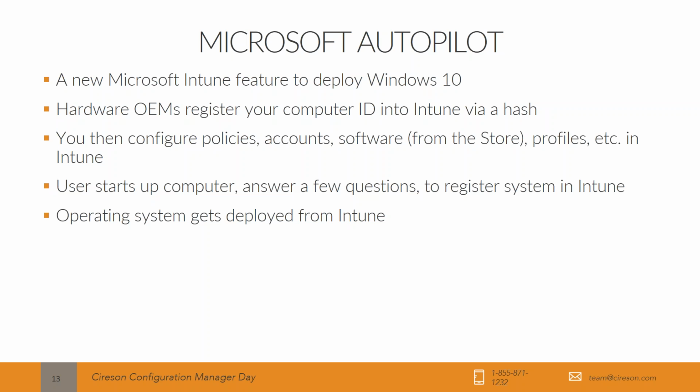Then when the user gets their hardware that's been hashed up into Intune from the vendor, they turn on the computer, answer a couple questions, region, account name, and so on, to register their system in Intune, and then it receives those policies. It matches the computer information with the hash that's been loaded by your vendor, and it starts the deployment process through Microsoft Intune. So the operating system gets set there that way. So again, it's for smaller environments where you're going through Intune, you're not managing through Configuration Manager.